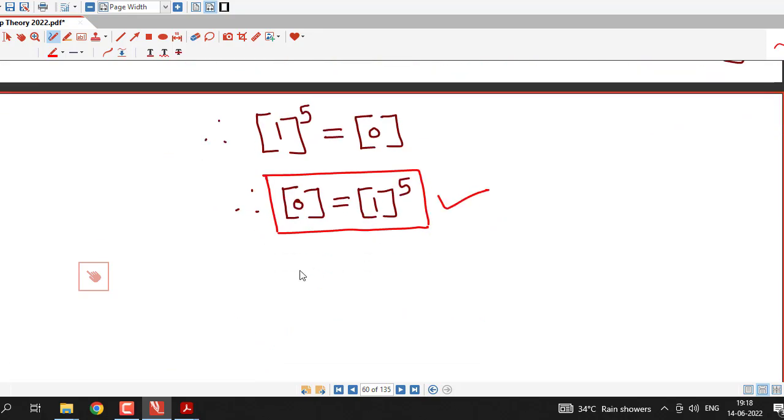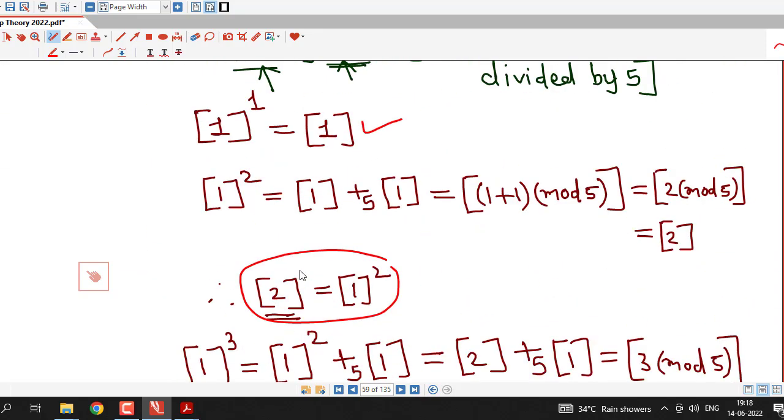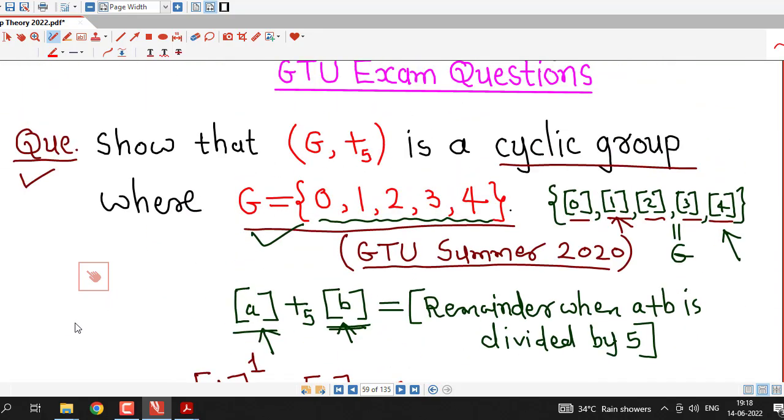So therefore we can say that every element is represented as a power of 1. If we take any equivalence class in the group G, then we can write it in this form: 1 raised to n for some integer n. Therefore this is a cyclic group, and this 1 is called the generator of this group.